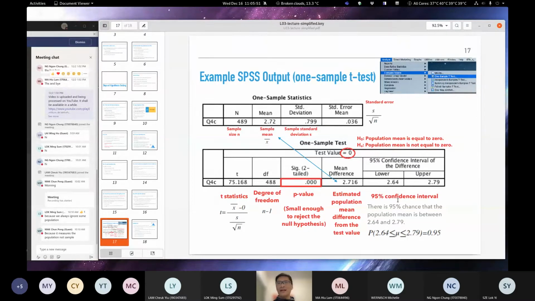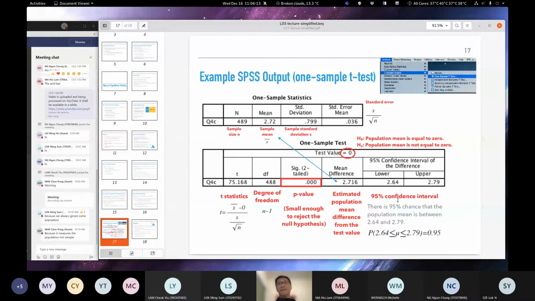So it means that they only require 80% accuracy. But anything lower than that is usually not common or not acceptable by most researchers. If you are not sure, just use 95% in this case.